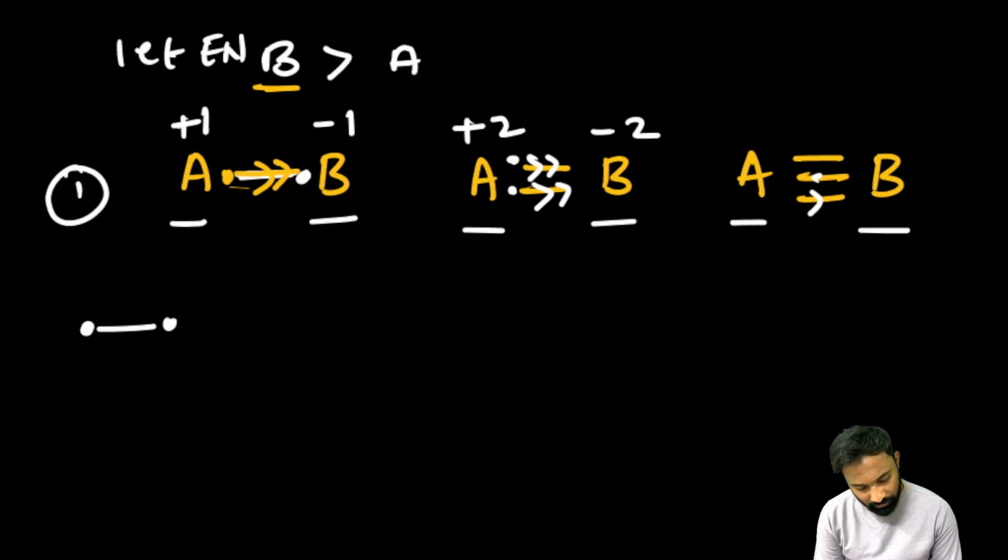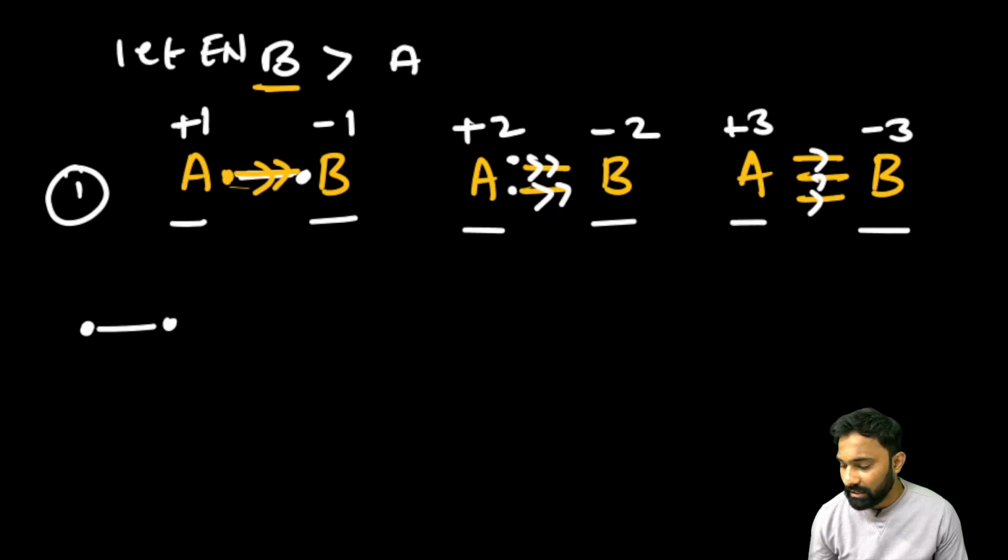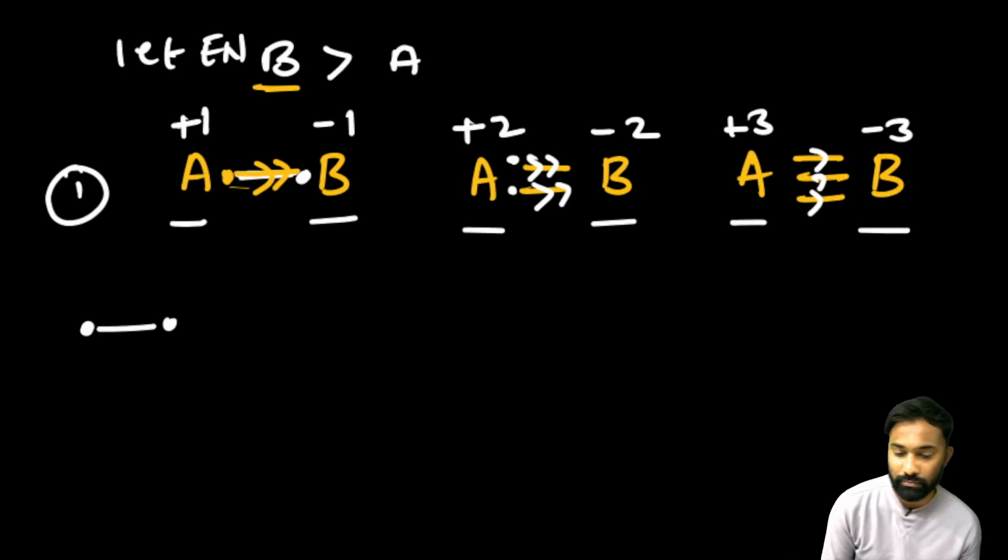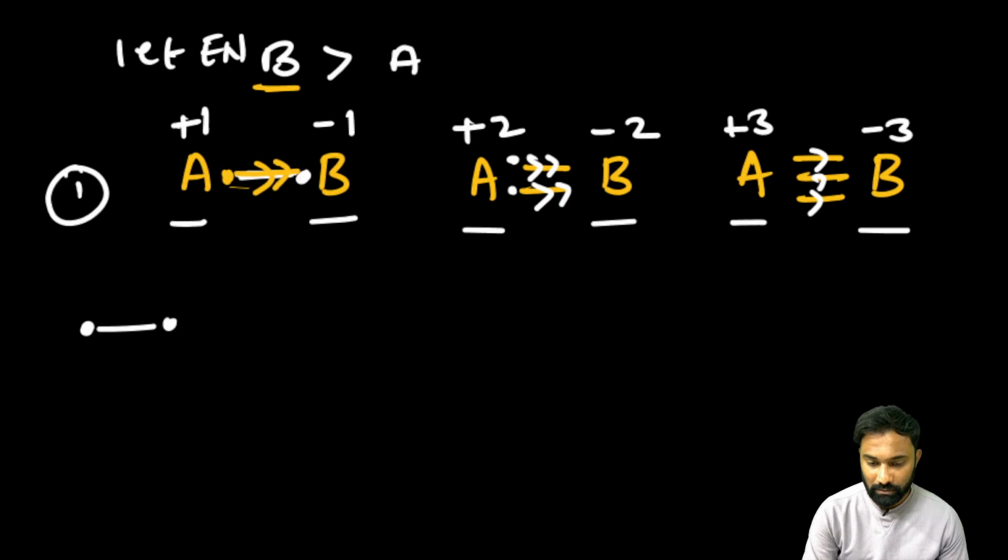Now here B is dragging 3 electrons, so A will get +3 and B will get -3. If they have given the single bond, double bond and triple bond in the given compound, this is how you find the oxidation states. Now we'll start the question session for the underlined atoms.